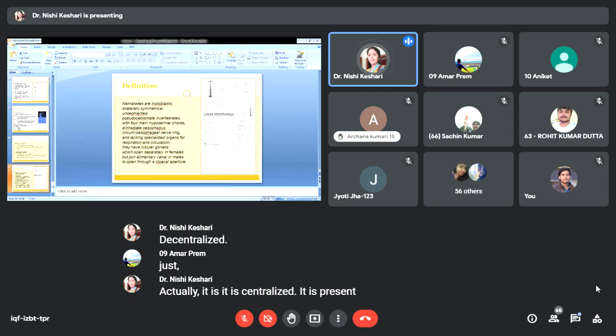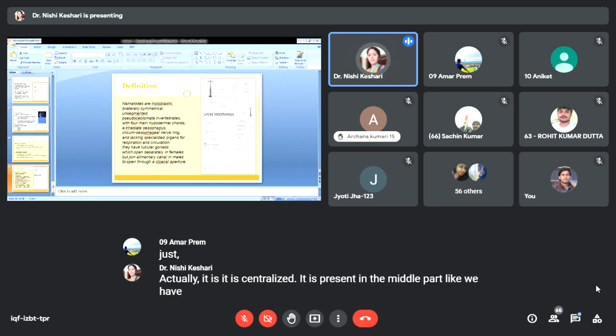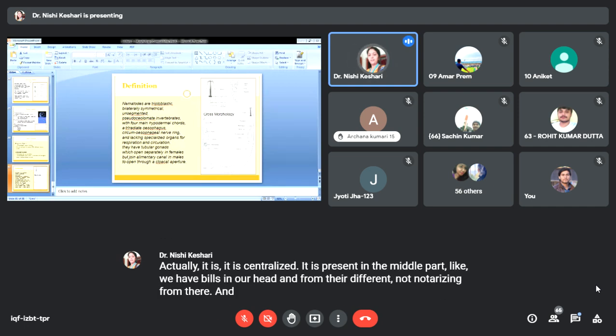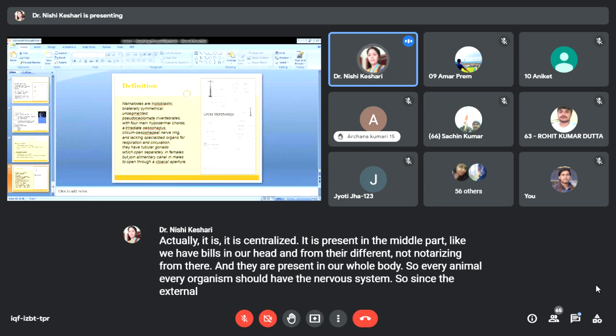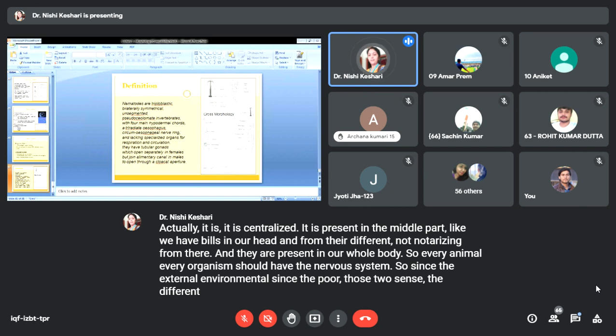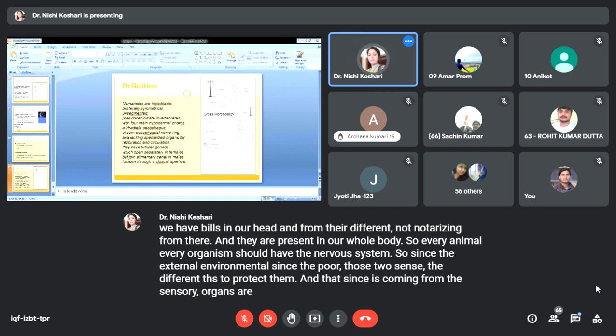Like we have already seen among the different animals, they are present in our whole body. So any animal should have a nervous system to sense the environment, to sense the food, to sense the creatures to protect themselves. And that sense is coming from the nervous system.